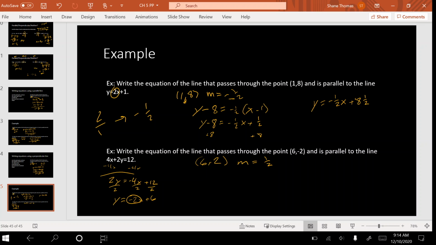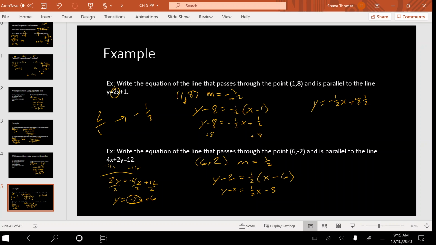So it would be y minus 2 equals 1/2 x minus 6. Good. Okay, distribute the right side. What do you get? 1/2 x minus 3, yep.